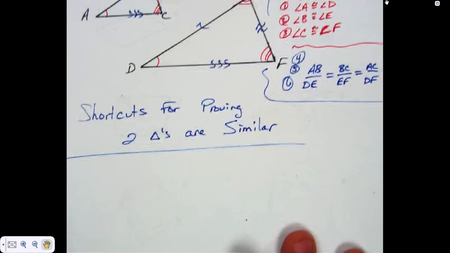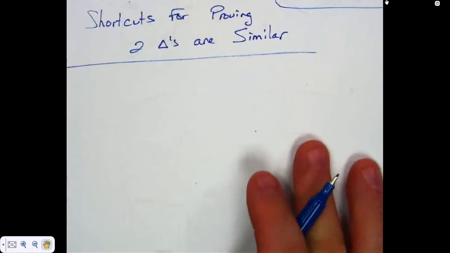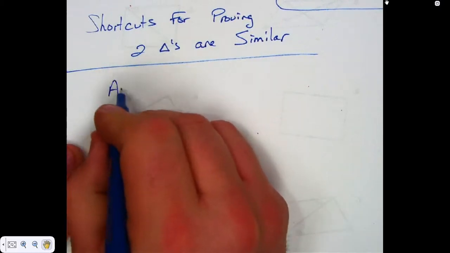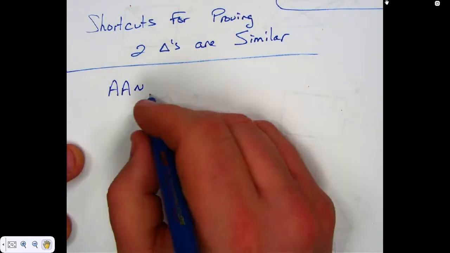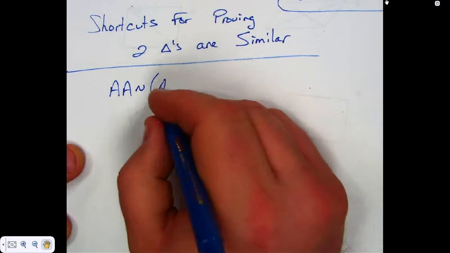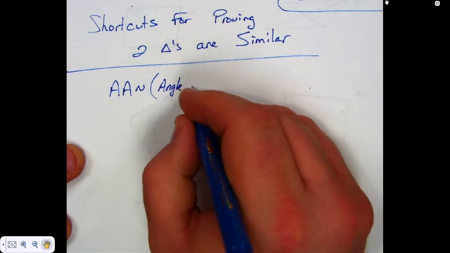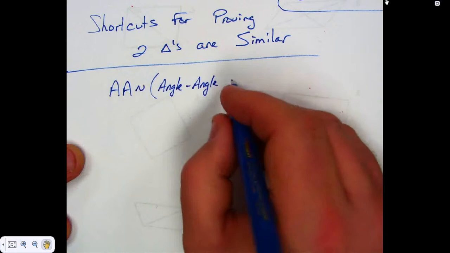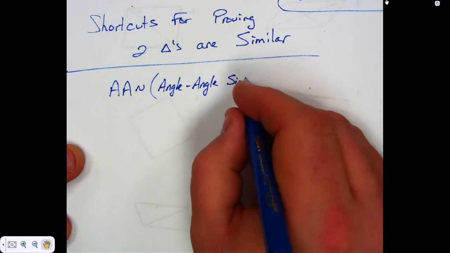And these are our theorems for this section. The first one is called AA, and then you put that sign. What do you think that says? Angle, angle, and then that little sign means similarity.